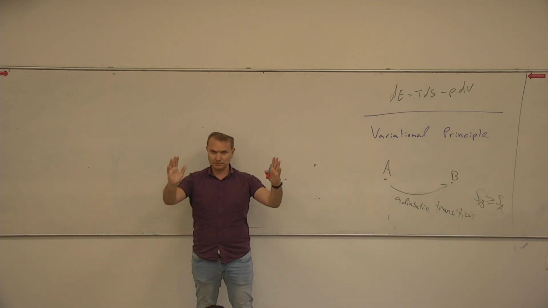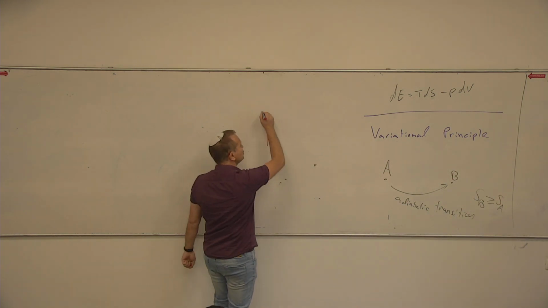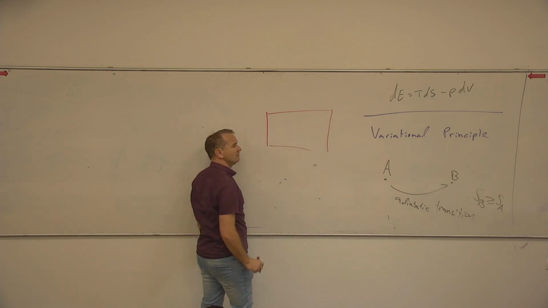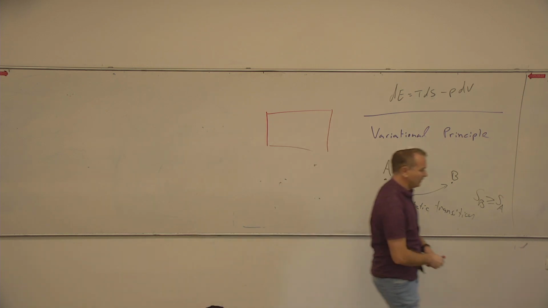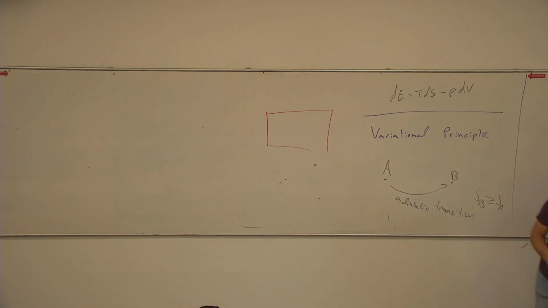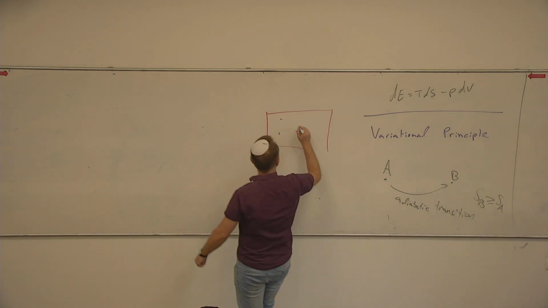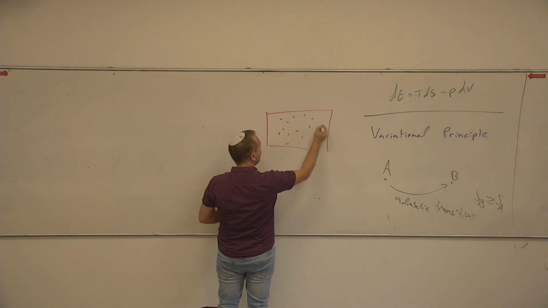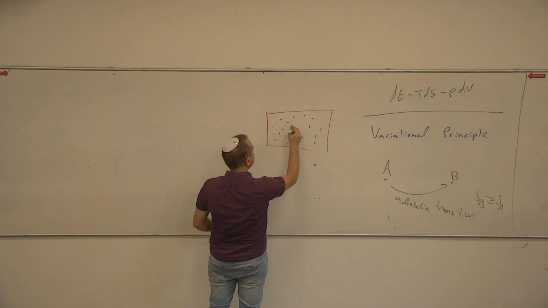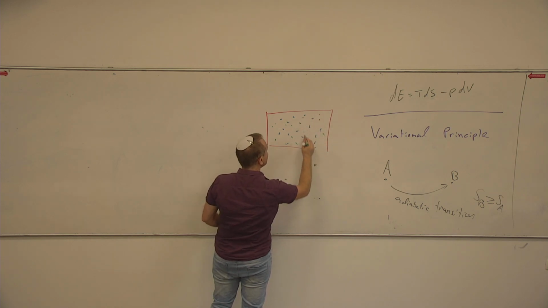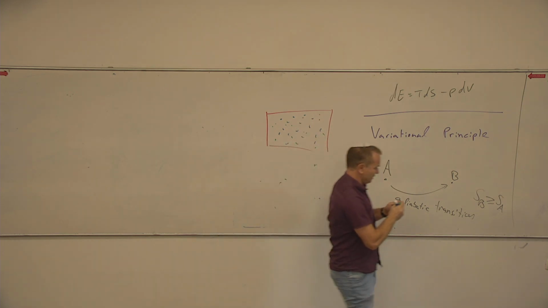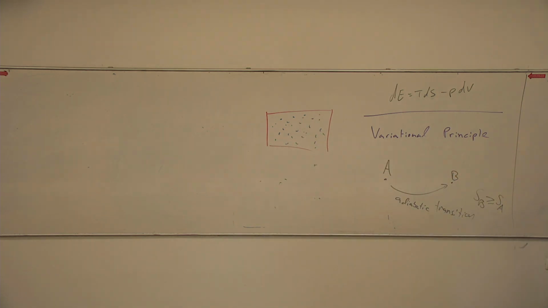If you live in a system, okay, remember my question last week. I have a box and I have a lot of molecules inside. Some of them are blue, some of them are green, purple, whatever. And I have a membrane inside this.